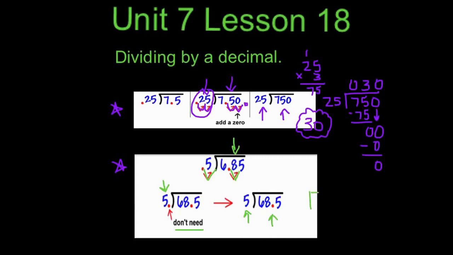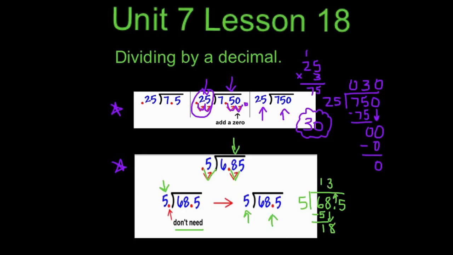So now I'll go ahead and solve this problem as well, so you can see that again it's the same process. We just had to move the decimals first. So I know that 5 goes into 6 one time. 5 times 1 is 5, so then I'll subtract that, and I get 1. Bring down my 8. Here I have 18. 5 goes into 18 3 times.